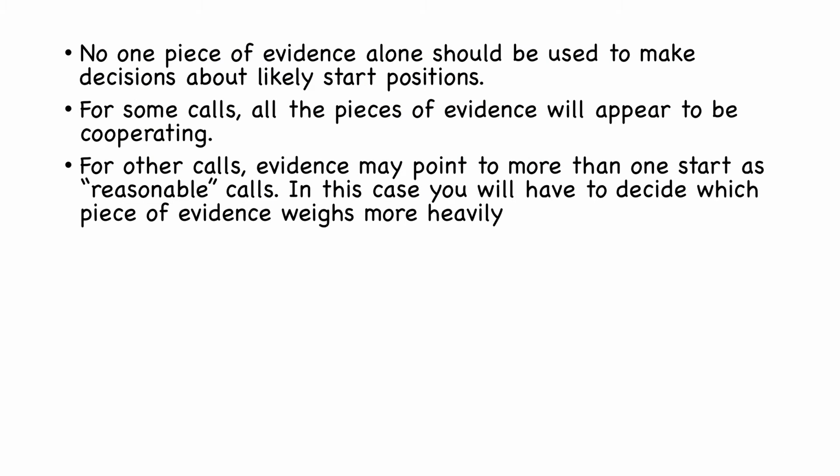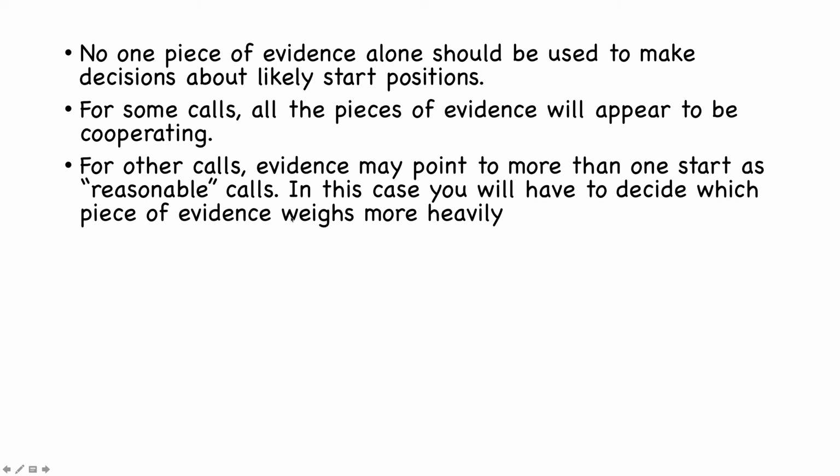So no one piece of evidence alone should be used to make decisions about likely start positions. You can't just look at one piece of evidence. For some calls, all the pieces of evidence are going to point in the same direction. All the evidence is going to cooperate, and it'll be an easy decision to make. But for many of the calls, evidence may point in more than one direction, and so more than one start may look probable, in which case we just have to do the best that we can.